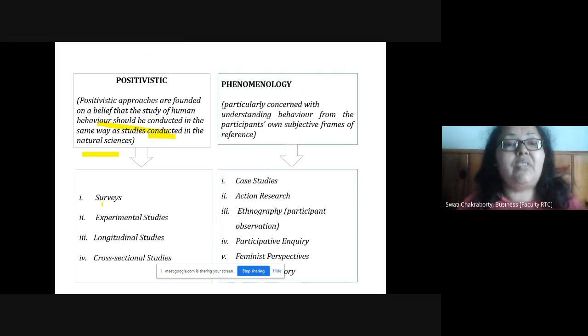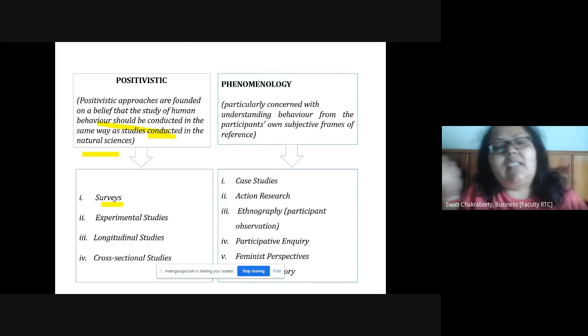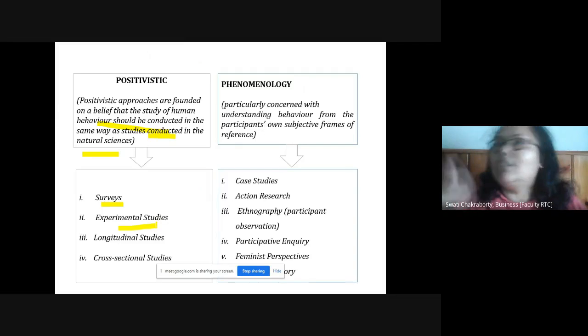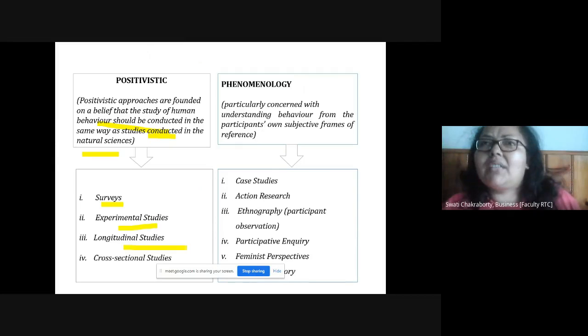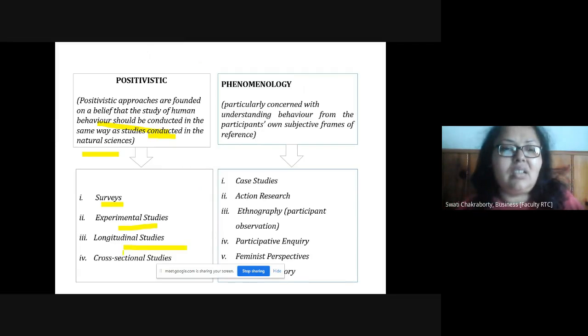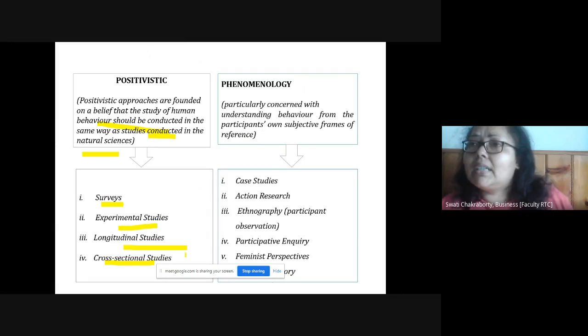Say through surveys, when you survey consumer behavior patterns, whoever does it, the same result. Through experiments, the results come the same. Longitudinal studies do the same thing, but over a span of time. It can be from a short term or long term perspective, but you get the same result. Cross sectional studies are across different sections of society.